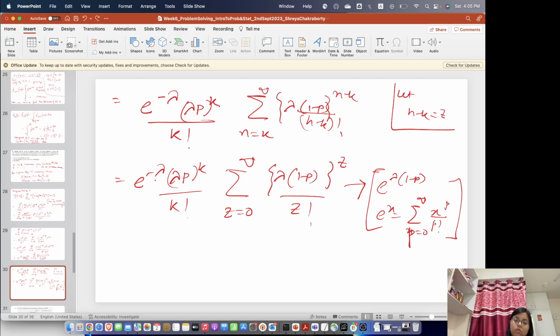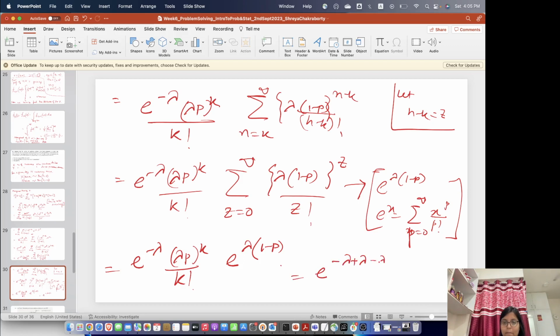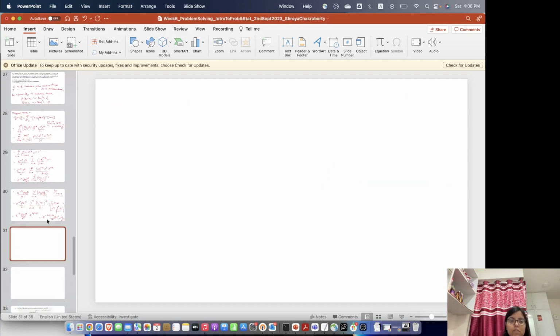Alright, so here we can write it as e to the power minus lambda p to the power k by k factorial, times e to the power lambda 1 minus p. Okay, so here we can write it as e to the power minus lambda plus lambda minus lambda p, to the power k by k factorial. So we had e to the power minus lambda p, p to the power k by k factorial, which is nothing but essentially a PMF of a Poisson distribution.